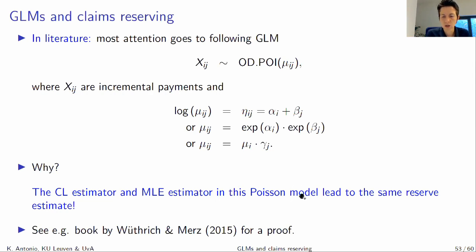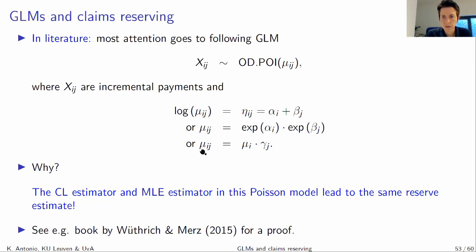So that's a motivation to leave the distribution-free framework and go to the GLM, because then you have maximum likelihood estimation techniques, model selection techniques, variable selection techniques. You also have something like the bootstrap available to help you get a grip on the results or the calculations that you obtain with your reserving methodology.